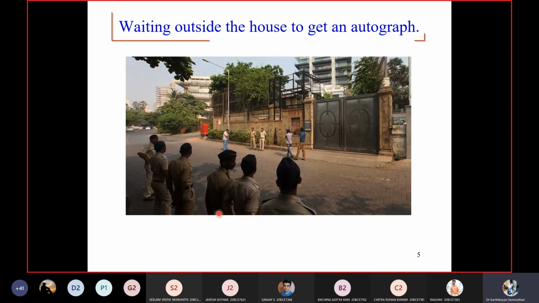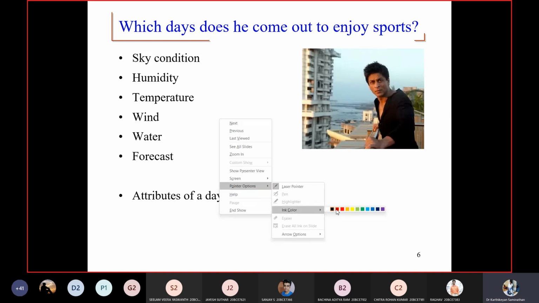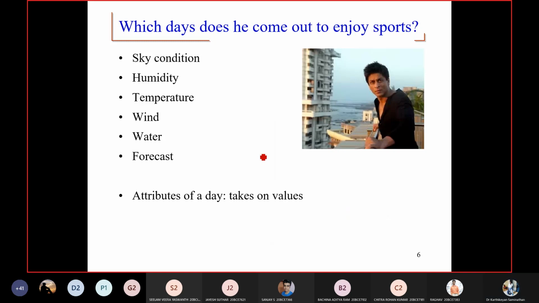There will be different possibilities. There are 6 attributes: sky condition, humidity, temperature, wind, water and forecast. These are the different parameters, right? Based on these attributes, we are taking some samples.